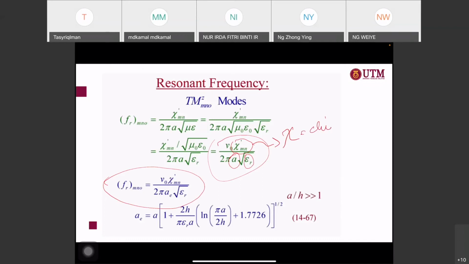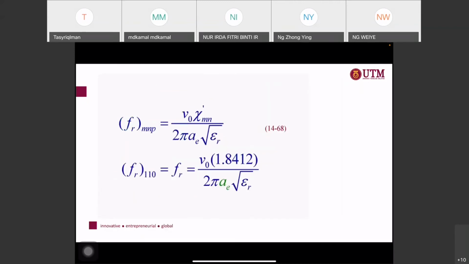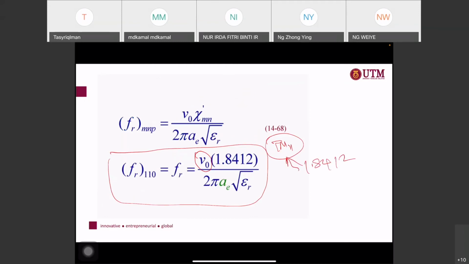Chi is a constant value due to the modes. For the dominant mode, as you know, for the circular it is TM11, and it is roughly about 1.8412.